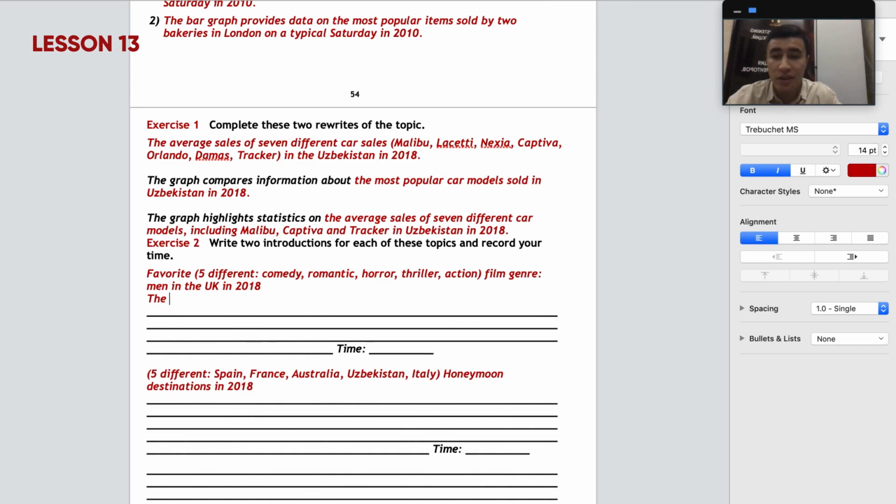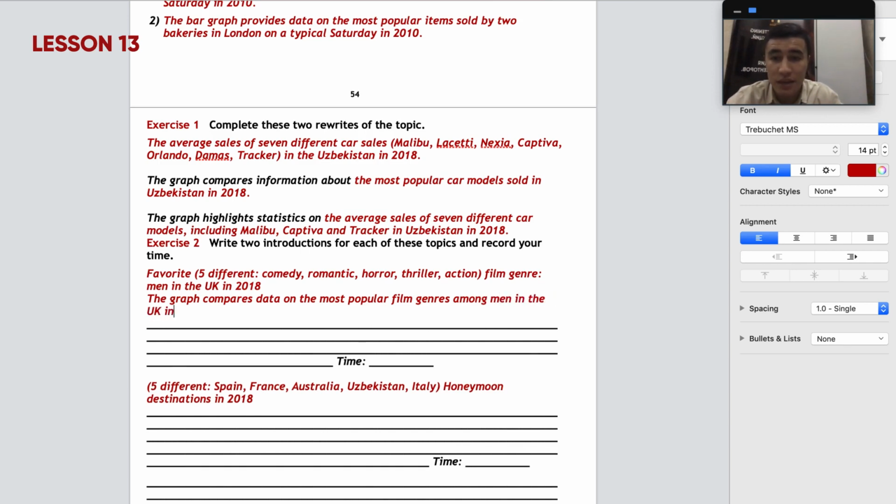Let's say the graph compares data on the most popular film genres among men in the UK in 2018.